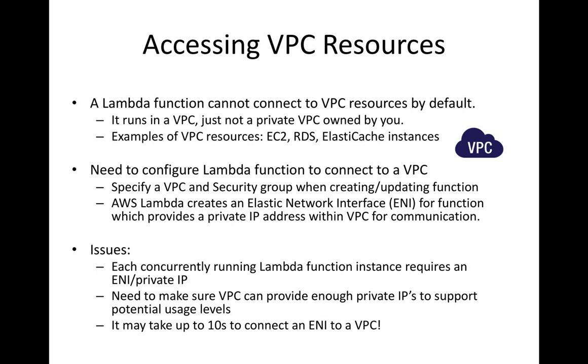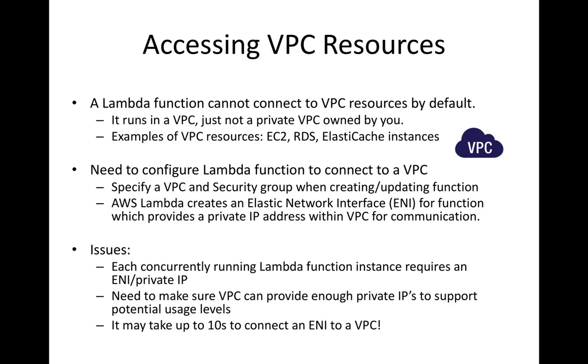It might take the Lambda function up to 10 seconds just to connect to the VPC. And then after that, it needs to communicate with the database and then provide a response back. And so that additional latency could have a severe impact on your application.